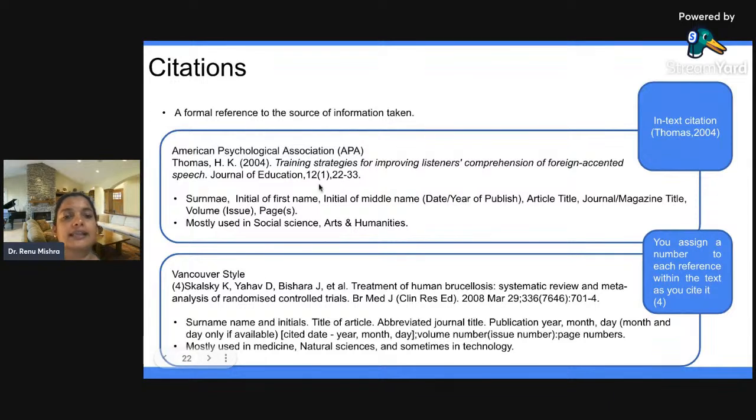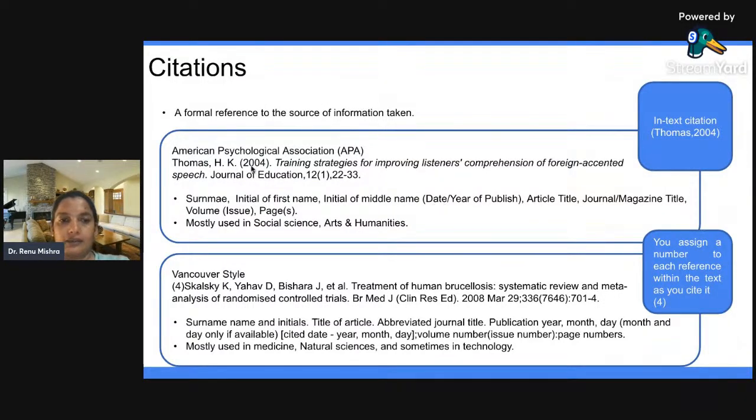Firstly, APA, which expands to American Psychological Association. In APA referencing, the first thing is the surname, the initial of the first name, the initial of the middle name. If there is no middle name, leave it.